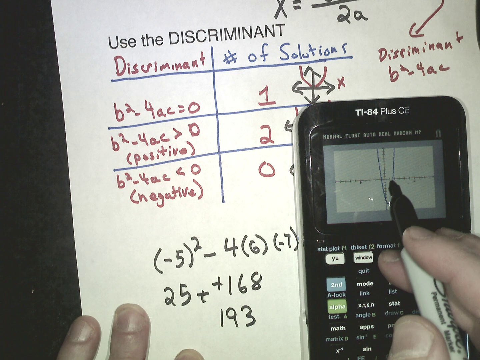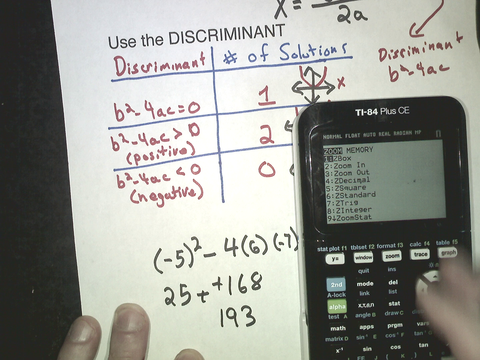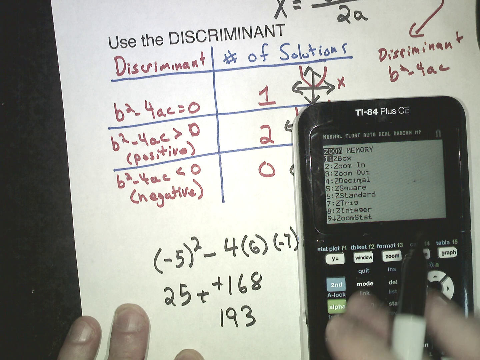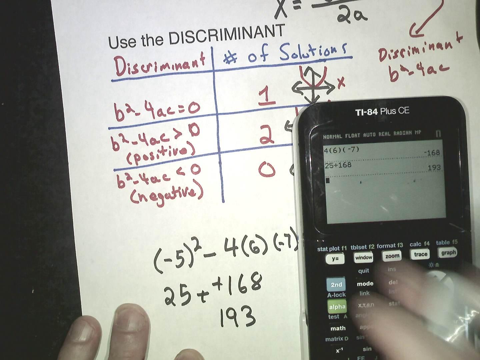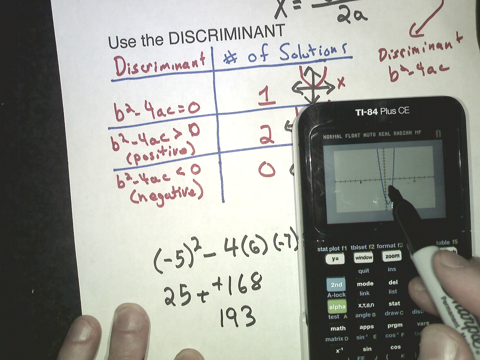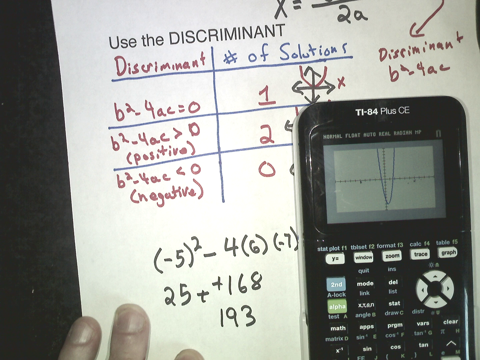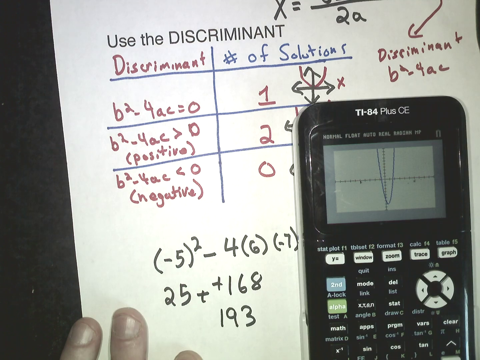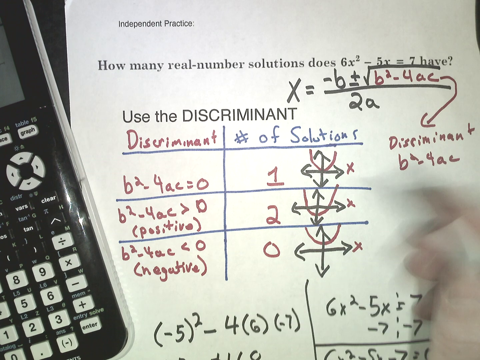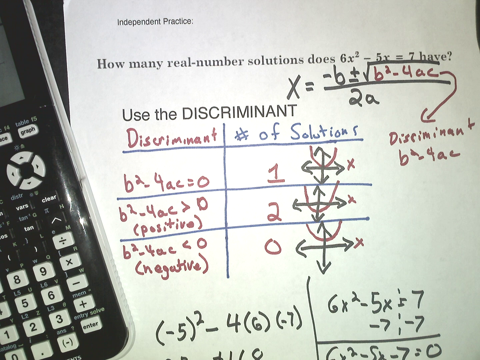It looks like something that's a little bit more than negative 1, and something that's a little bit less than positive 2. If you did this here, you'd probably have a much better answer.